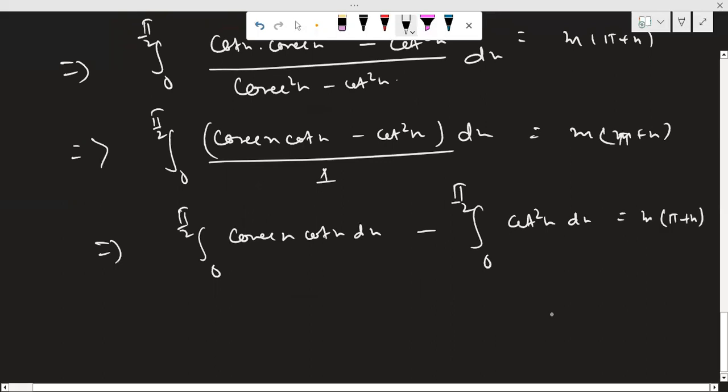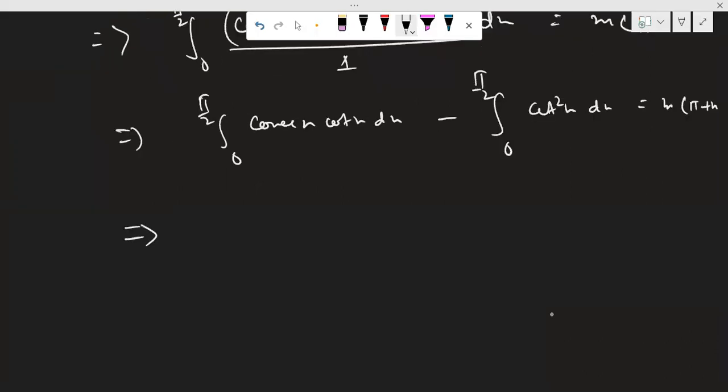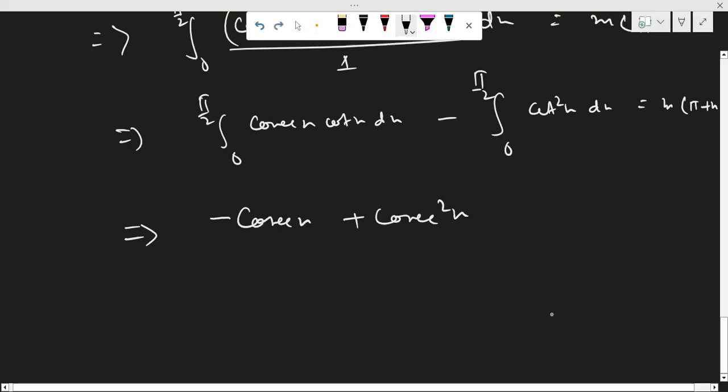So this becomes: the integration of cosec x cot x is negative cosec x, and the integration of cot square x is negative cosec square x. Oh no, cot square x, we have to write as cosec square x minus 1, then only we can find the integral of that.